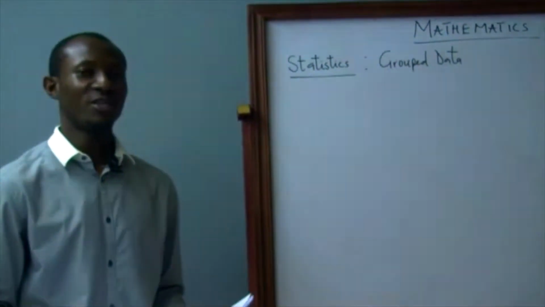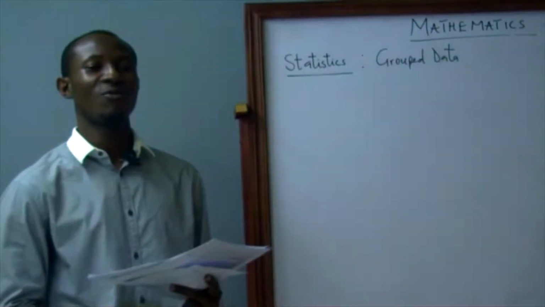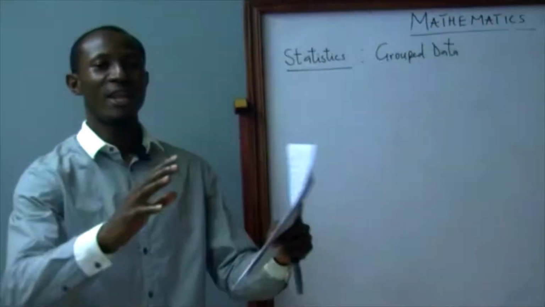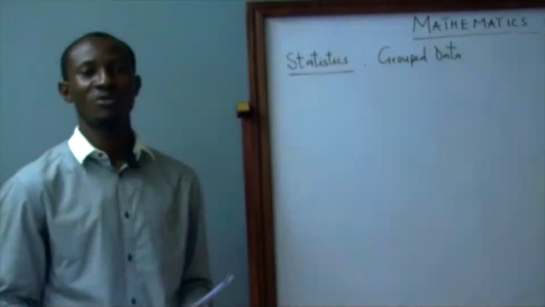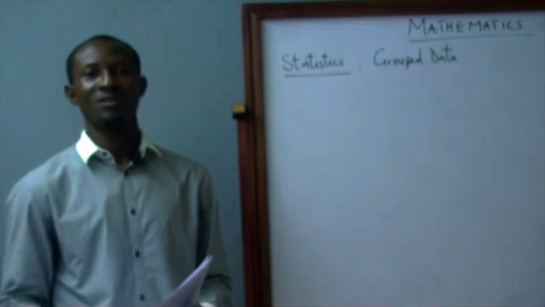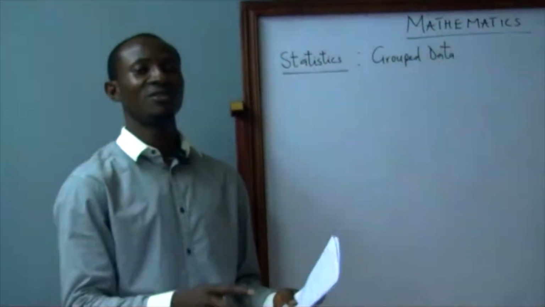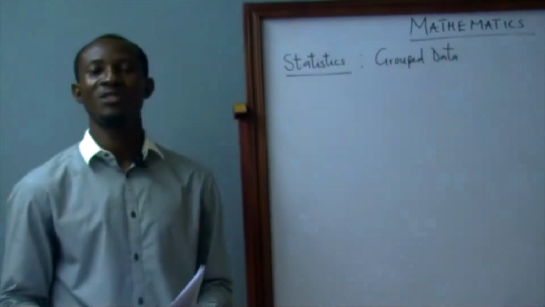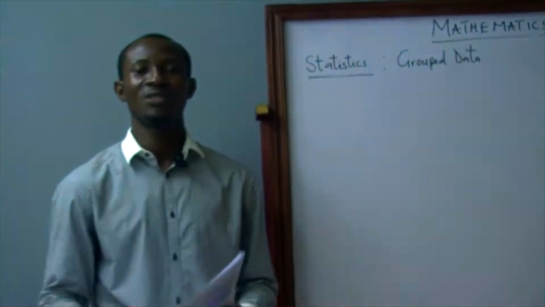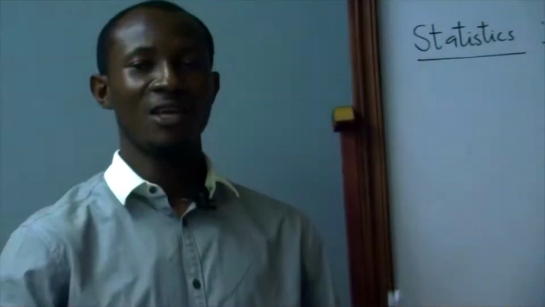What is grouped data? Grouped data is a kind of data where we collect our samples in groups or in classes. What do I mean by that? Instead of saying this person is 5 years, the other person is 10, the other person is 15, we decide to collect our data in classes.